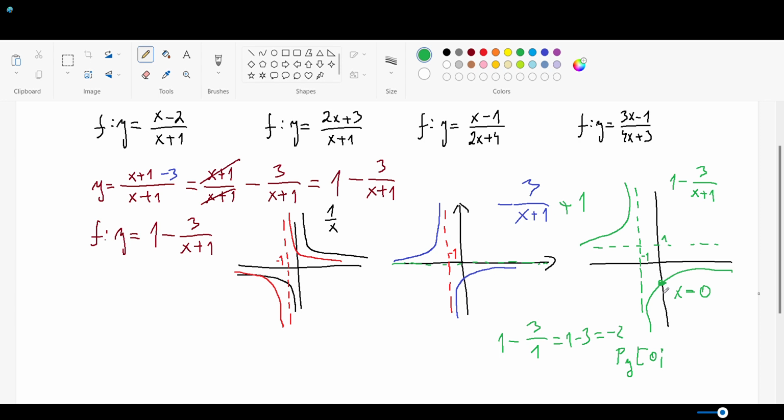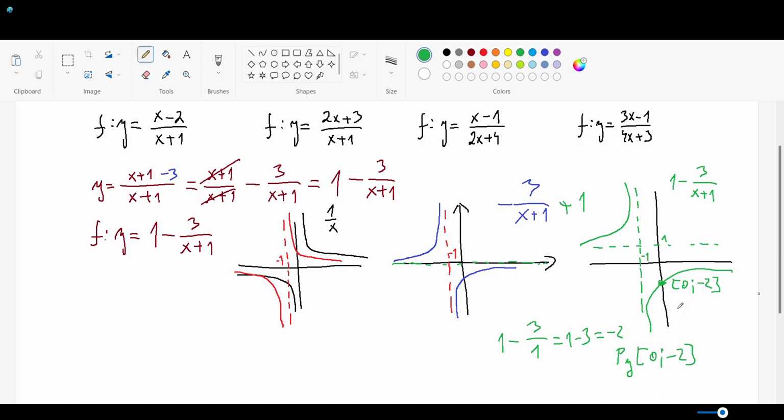So I can really clarify, and I can say that my graph or my chart will really pass through the point with the coordinates 0, -2. So the intercept with the y-axis has the coordinates 0, -2.